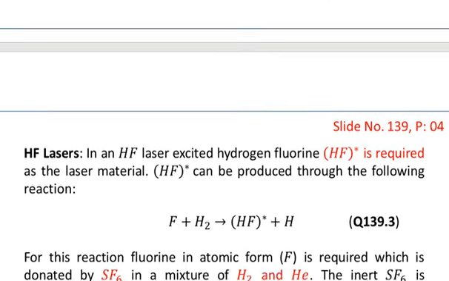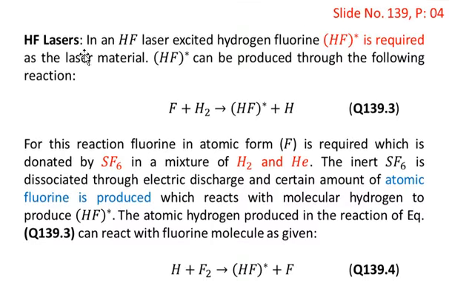Hydrogen fluorine lasers. In a hydrogen fluorine laser, excited hydrogen fluorine, that is the HF molecule in the excited form, which we are representing by the star, HF star, is required as the laser material. HF star can be produced through the following reaction.